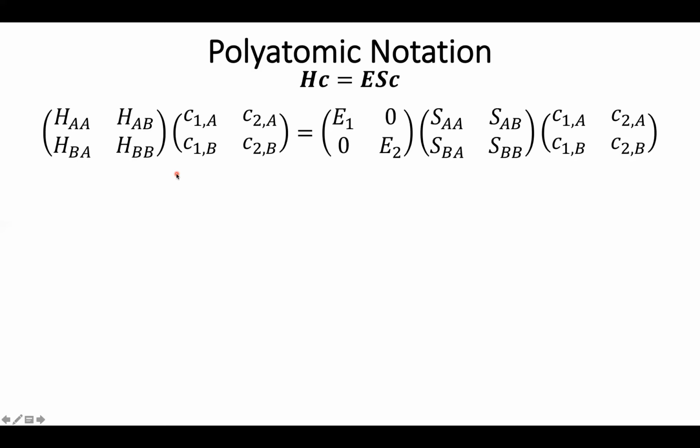One of the reasons why we really enjoy this form is that it is a quite condensed method of showing our secular equations. If you want to express your full secular equations, you can regenerate them quite easily simply by conducting the matrix multiplication of each element on the left side and setting them equal to the matrix multiplication of the right side.